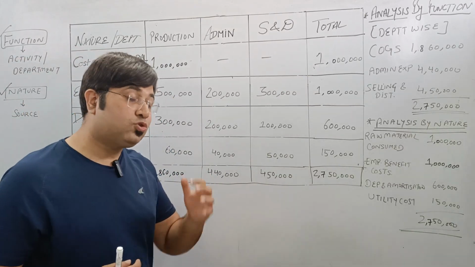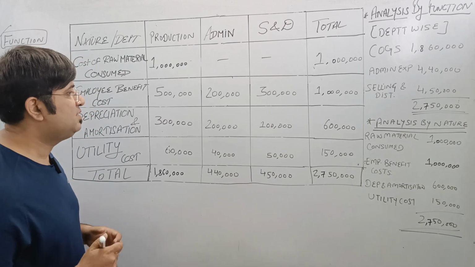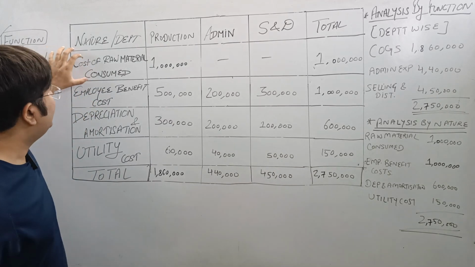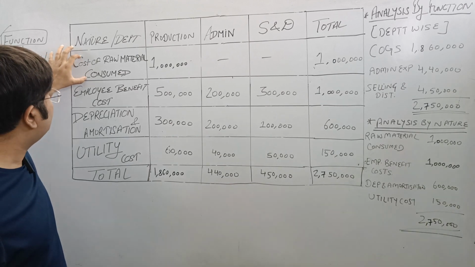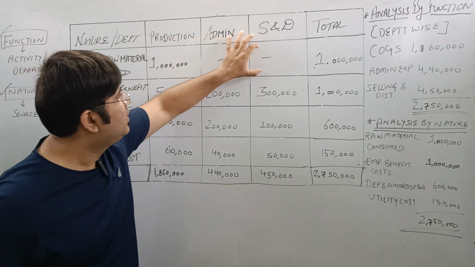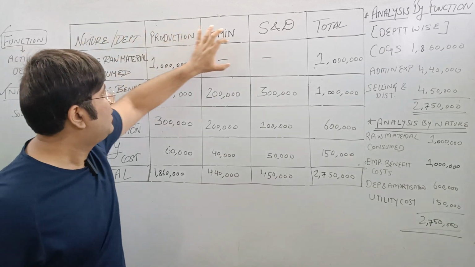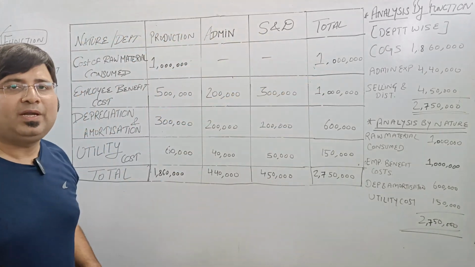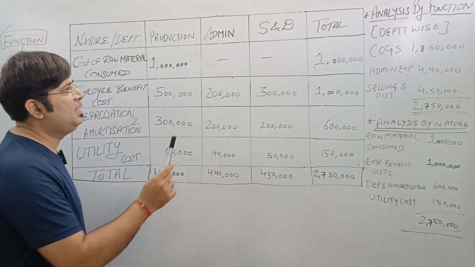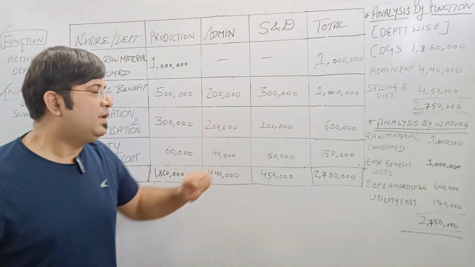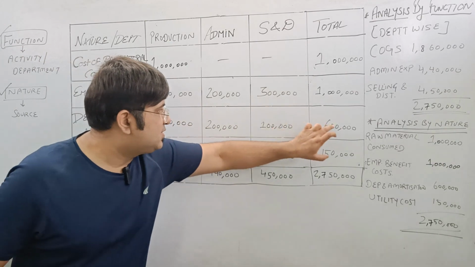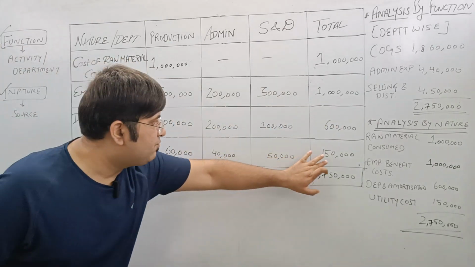Nature represents the source, basically where the expenses actually happen. If we want to see the expenses by nature, it means how much is the total amount related to cost of raw materials. We calculate it this way. The total raw material consumed is 1 million. Similarly, total employee benefit paid is 1 million, total depreciation charge is 600k, and total utility cost is 150k.